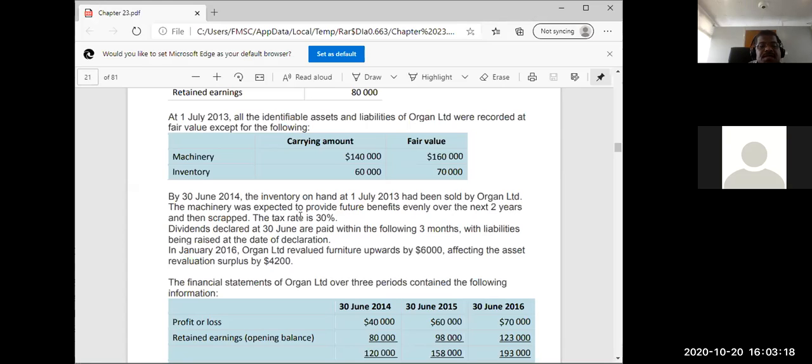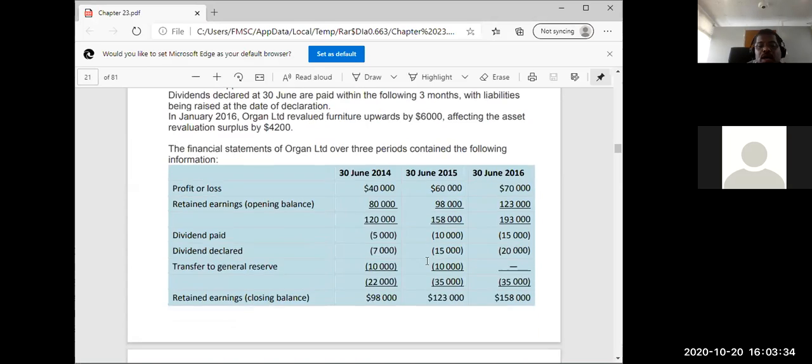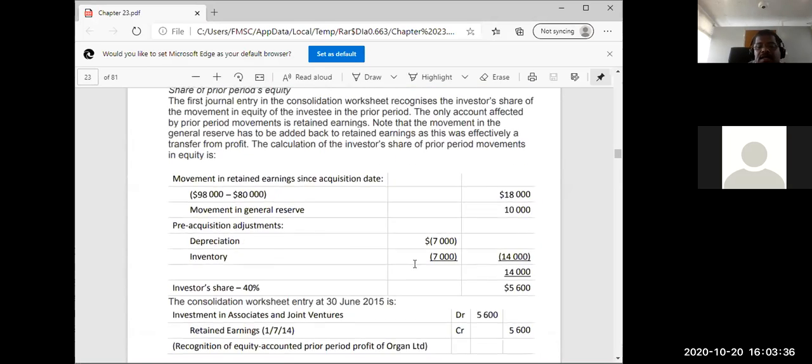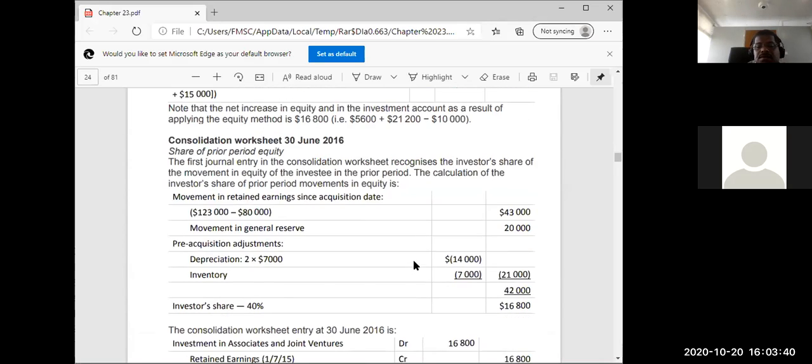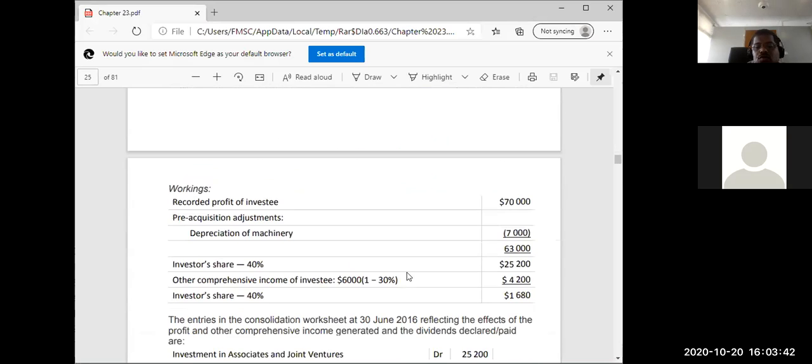Then the next one: in January 2016, Organ Limited revalued furniture upward by 6,000, affecting the asset revaluation surplus of 4,200. So thereby you have to bring that amount, that entry, to the books.